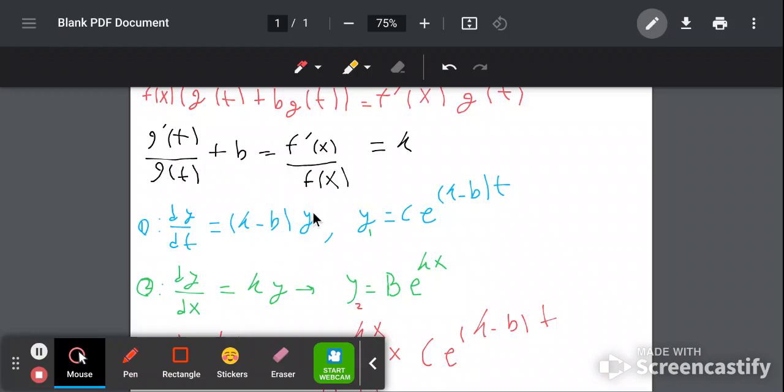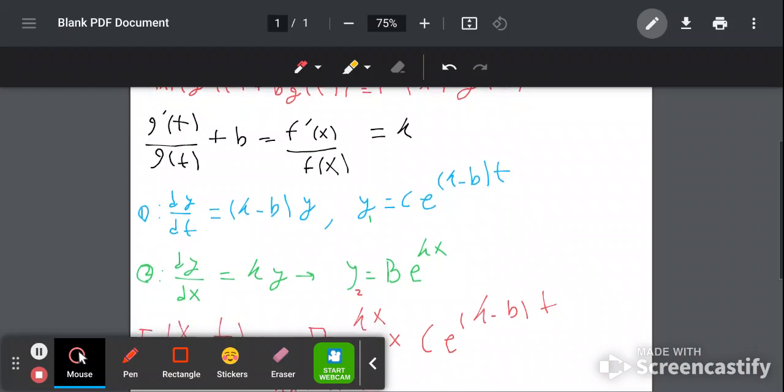Now I can do what we do for an ordinary separable differential equation: divide by y, multiply by dt, take the integral, and solve, and I get the final solution for this function y to be c times e to the power of k minus b times t. This is the first part of my final solution to the partial differential equation.